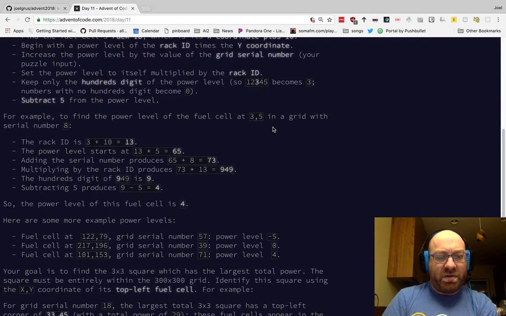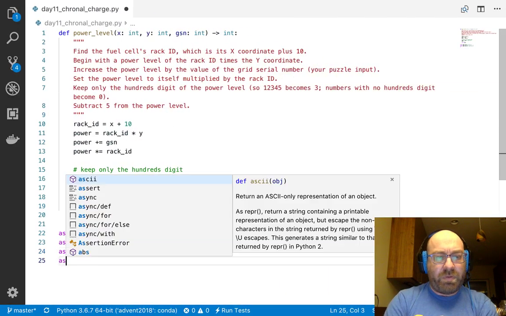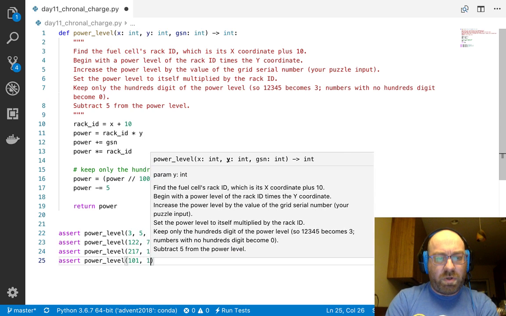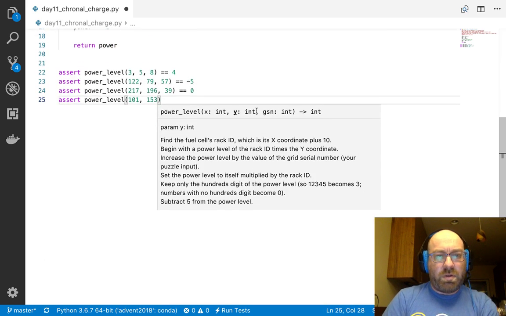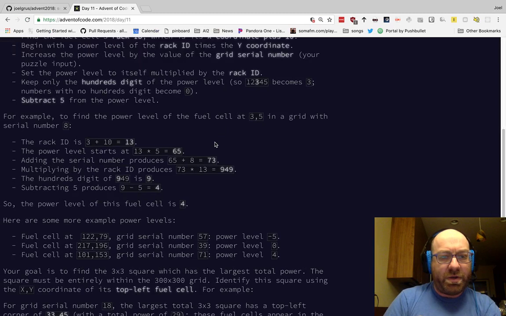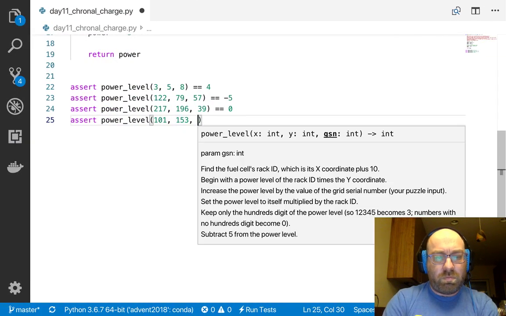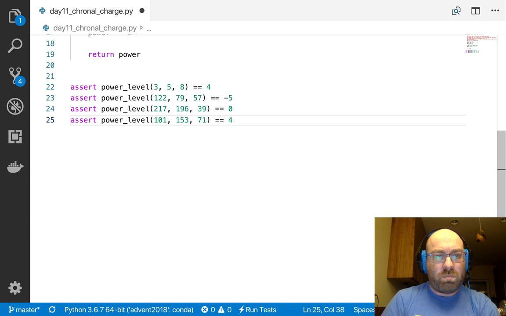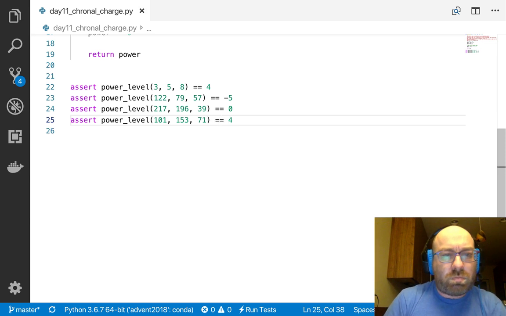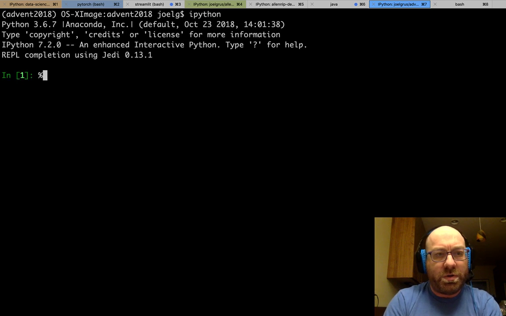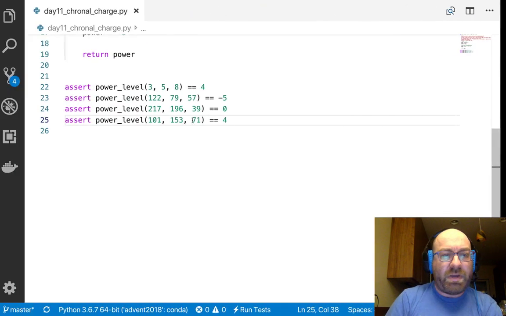And assert power level of 101,153, 71 is 4. Okay, so let us just run this. Run day 11. Okay, so those all pass.